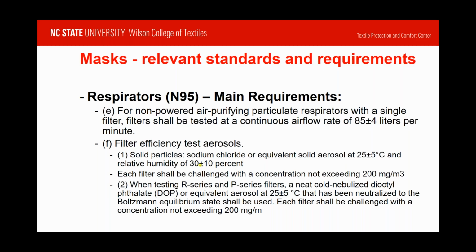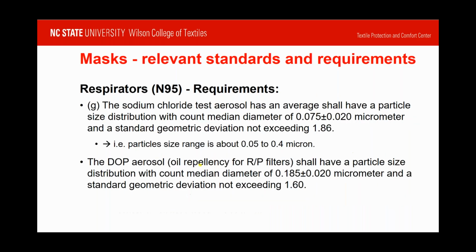If you go into documentation, I've added some links for you to survey further down this presentation, so you can explore these documents that are quite long and extensive, give you all the detailed information you need, but it provides the temperature, humidity, the concentration level for this sodium chloride particle test, as well as the DOP oil resistance tests.